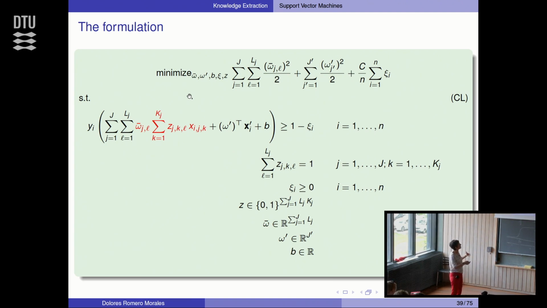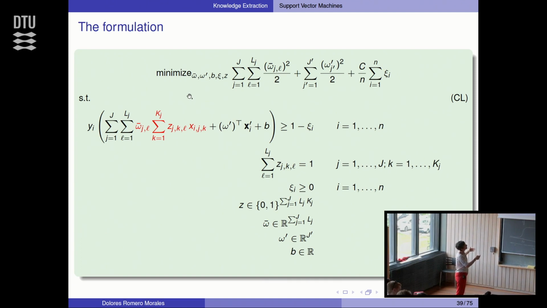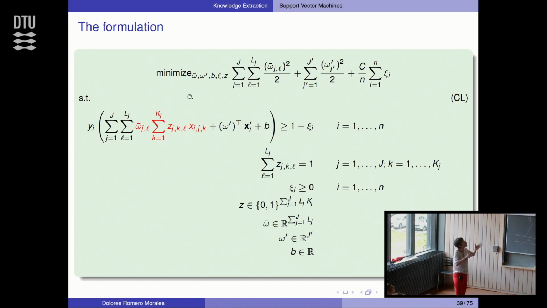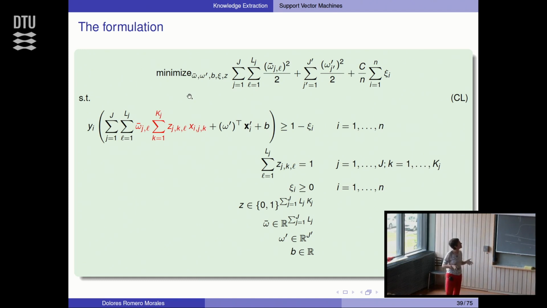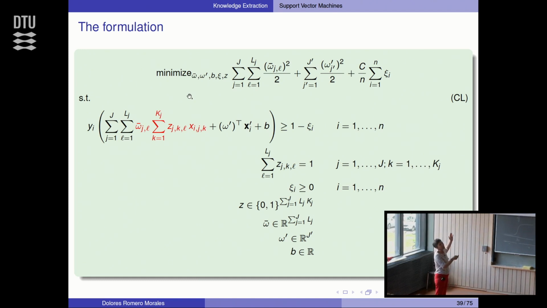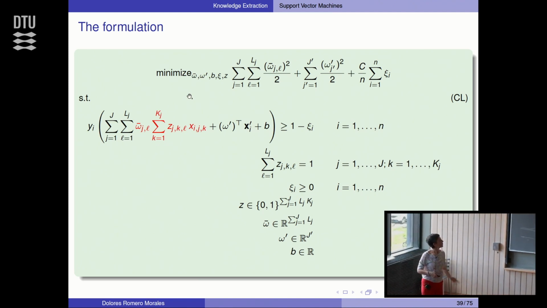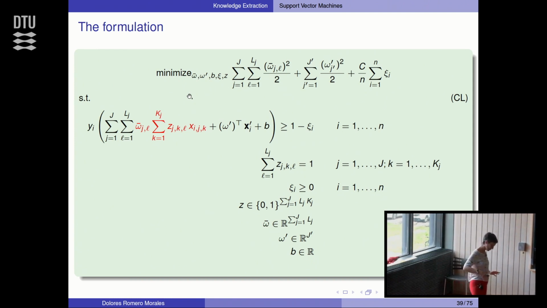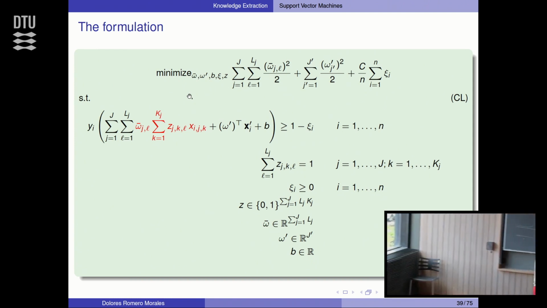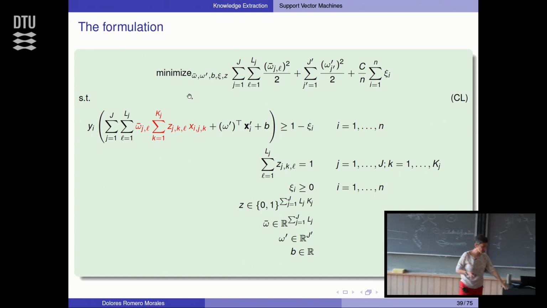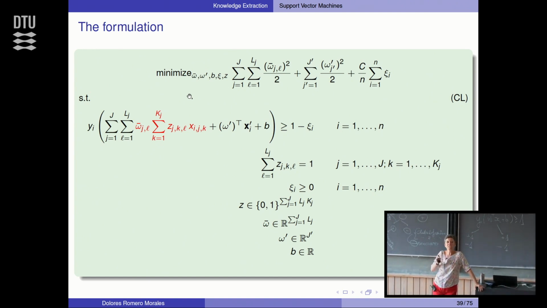On top of that, it's still friendly, still quadratic and convex, but we have a feasible region that is not so friendly. So at the beginning of our tests, we decided this is a MINLP, mixed integer nonlinear program optimization. We gave it to the solver.